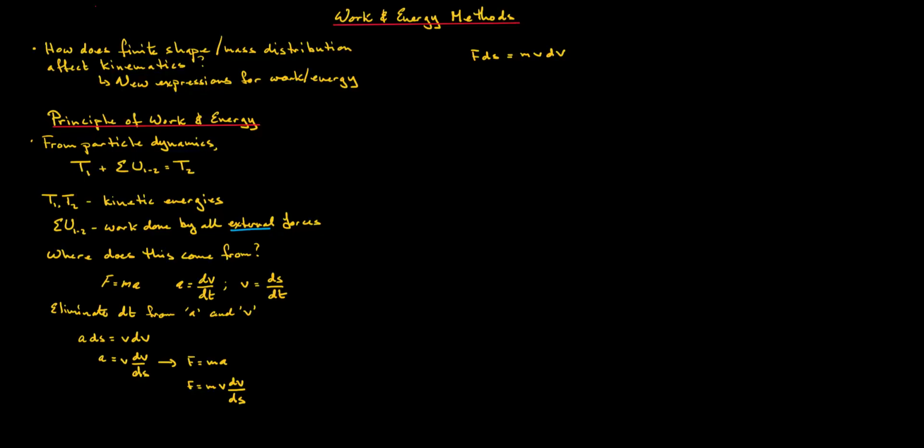And as we can see here, we can integrate both sides. So we can integrate the left-hand side over a distance or a displacement s, and integrate the right-hand side between initial and final states of whatever we are looking at, a particle, let's say.